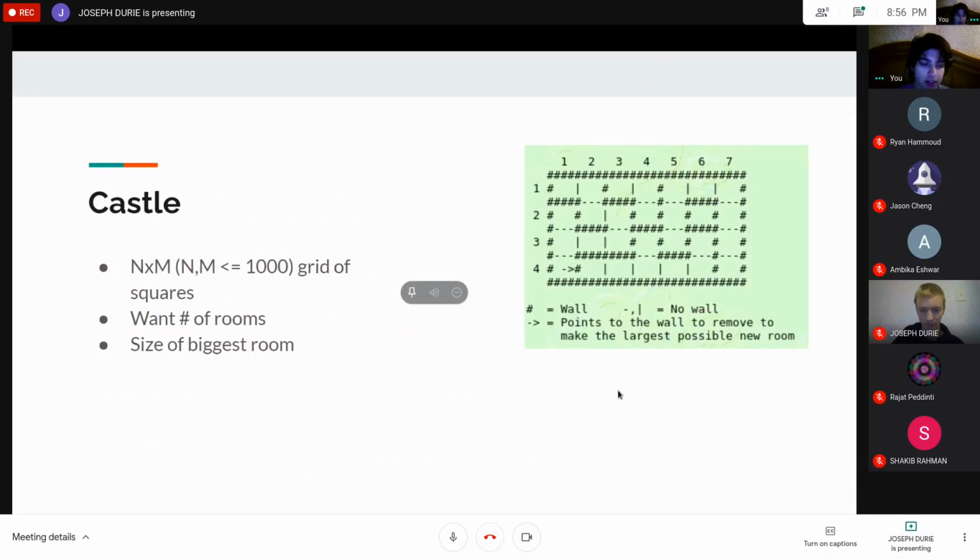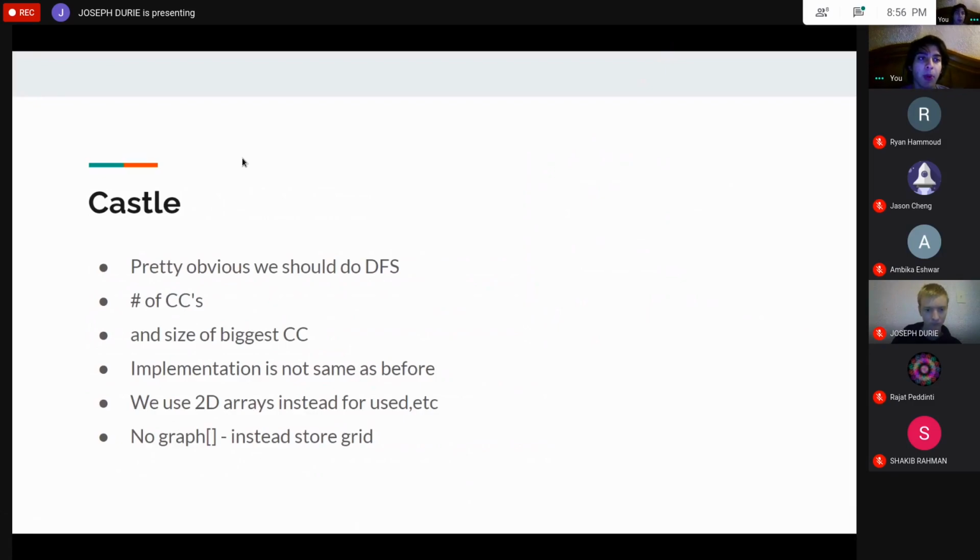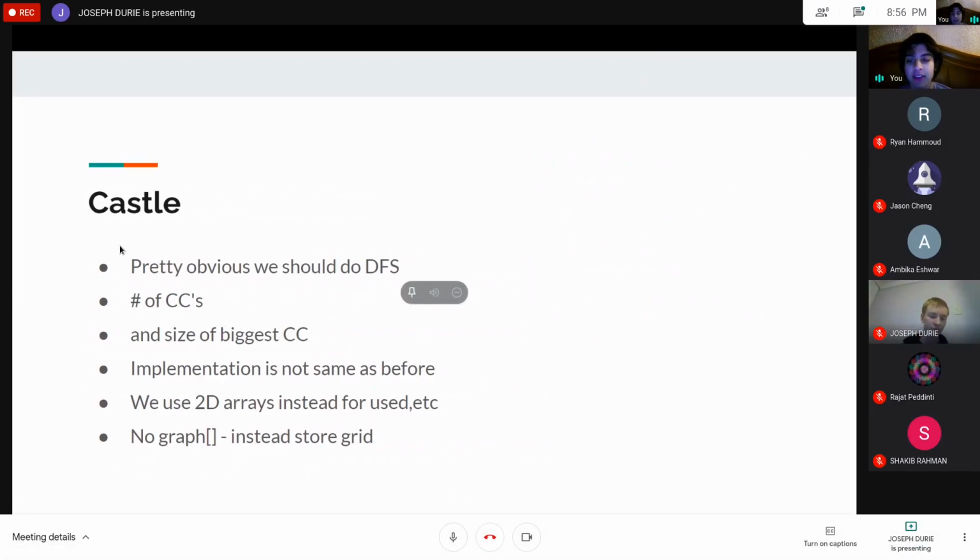If you think of it as a graph, each space is a node, and if you don't have a wall between two nodes, then we have an edge. Then we just use DFS and find the number of connected components and the size of the biggest component. Pretty obvious stuff.